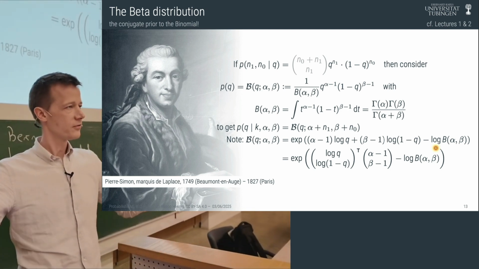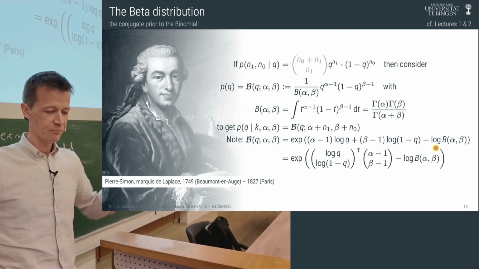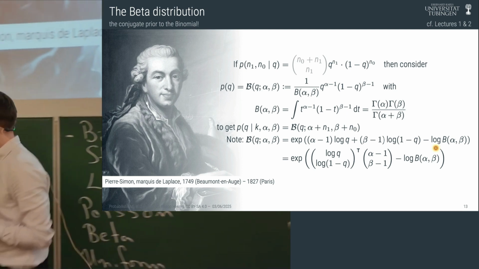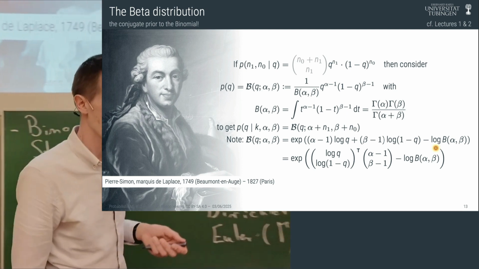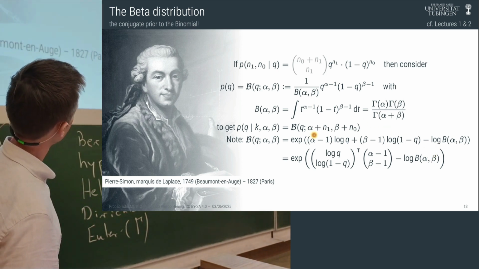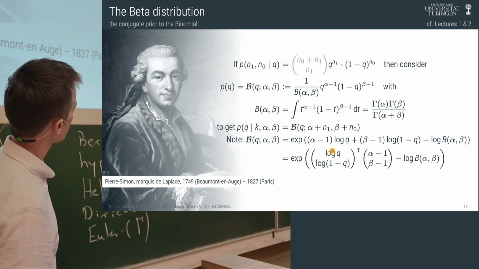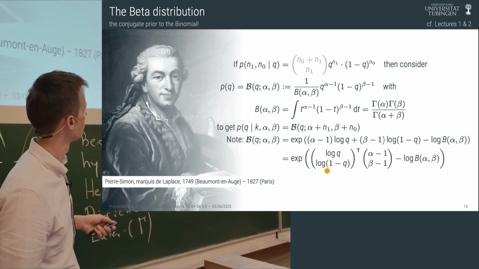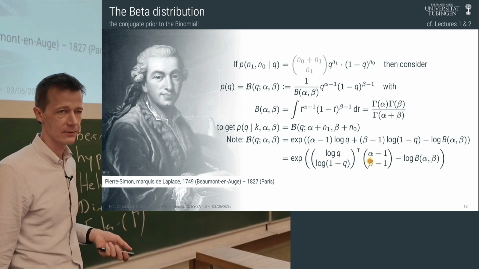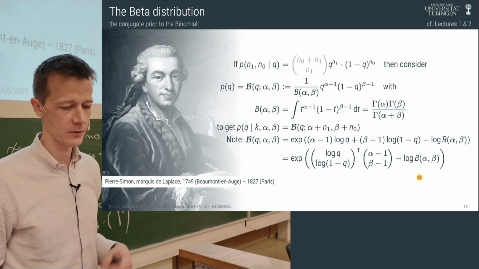The carrier measure is the uniform measure on the simplex, because it's a distribution over q. And the sufficient statistics now are log q and log 1 minus q. They are here and there. And the natural parameters are alpha minus 1 and beta minus 1. And the log partition function is exactly the logarithm of the beta function, of course, because we've constructed it this way.